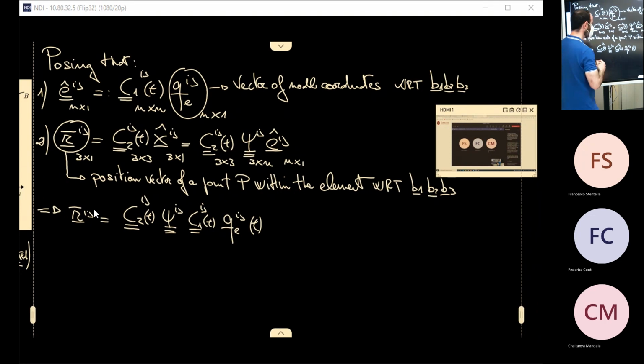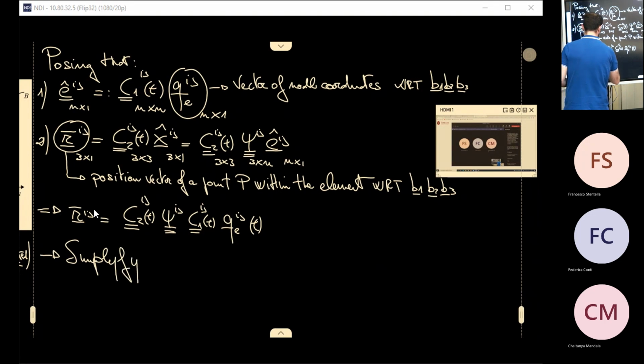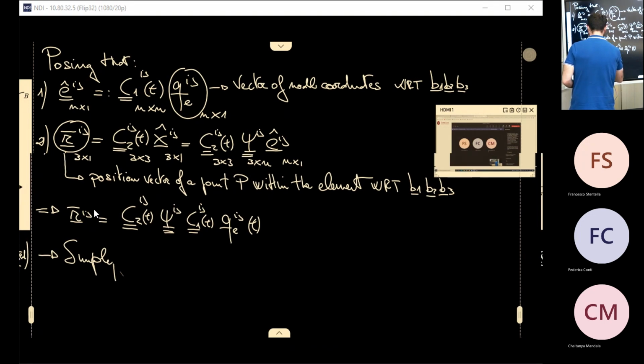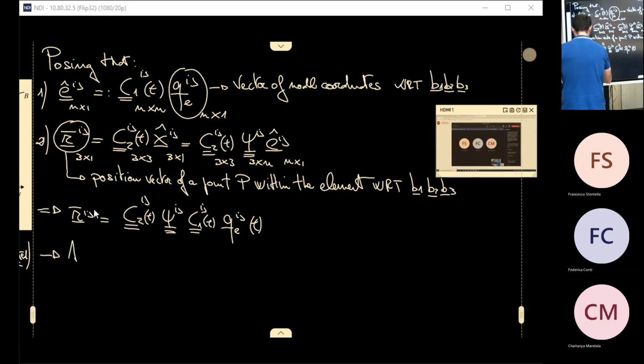So far, we made here, and this is very important, a simplifying hypothesis, an approximation, meaning that, in fact, we do not require the intermediate frame to be always parallel to the element frame, but only before deformation. So only initially.